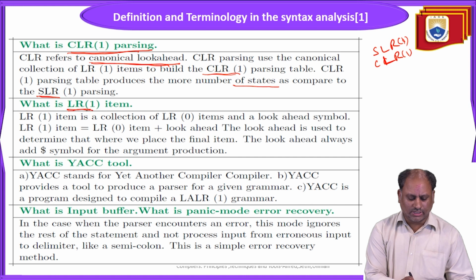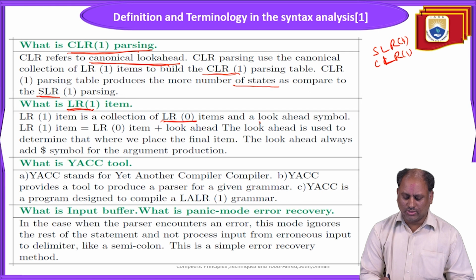Second, what are the LR1 items? An LR1 item is the canonical collection of LR(0) items along with look-ahead symbols. That is, LR1 items equal LR(0) items plus look-ahead.